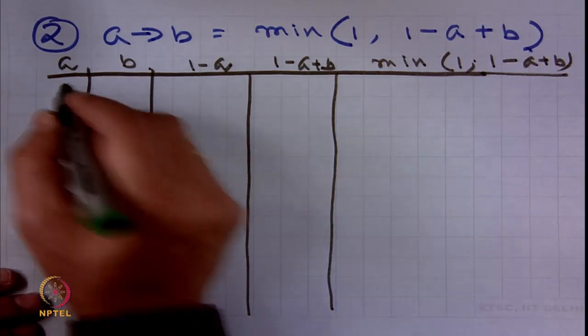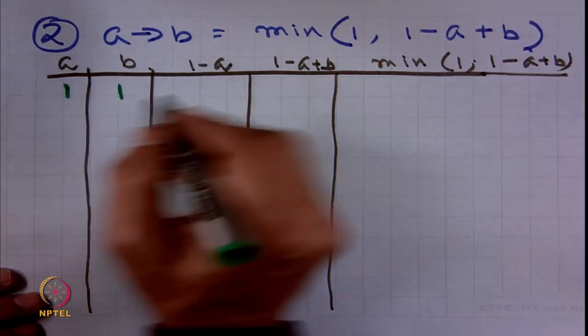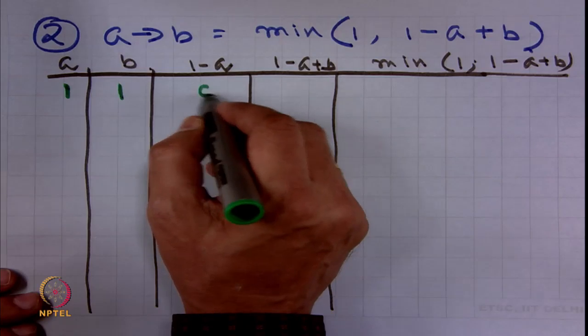A is 1, B is 1, 1 minus A is equal to 0.